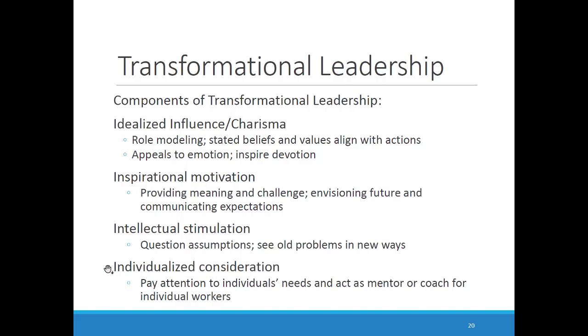Individualized consideration is the last component. In that, the leaders pay attention to individuals' needs and act as a mentor or a coach for individual workers.